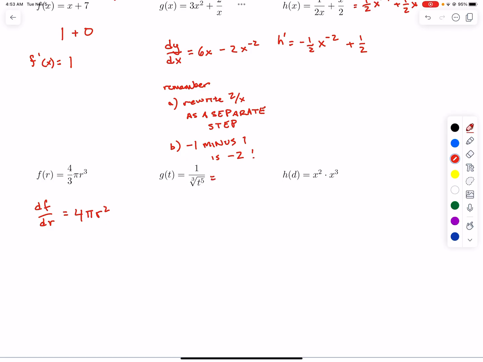What is this? Don't forget to set it in line with the original. T to the negative 5/3.